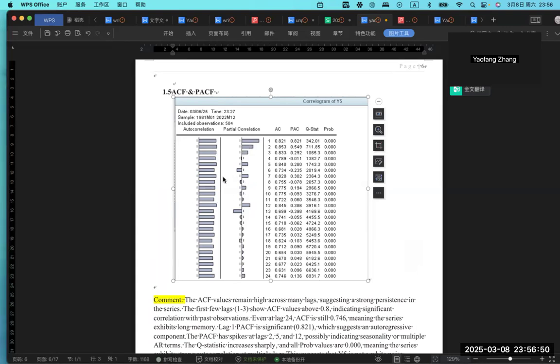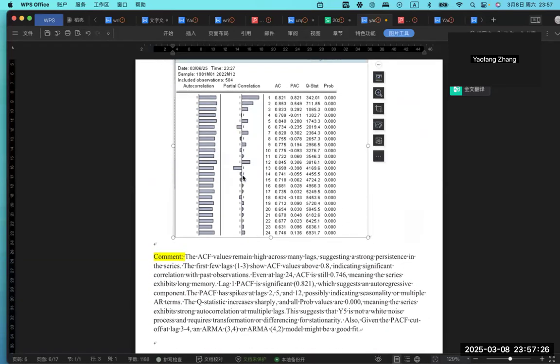This suggests a strong autoregressive structure because the PACF has sharp declines. A moving average component may also be present as the ACF doesn't drop off immediately. The high autocorrelation at lag 1 in the ACF suggests non-stationarity, so the ADF test should be conducted.